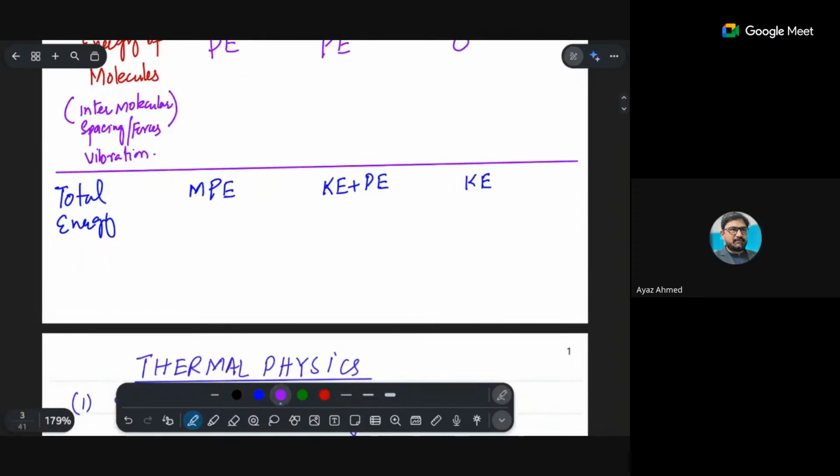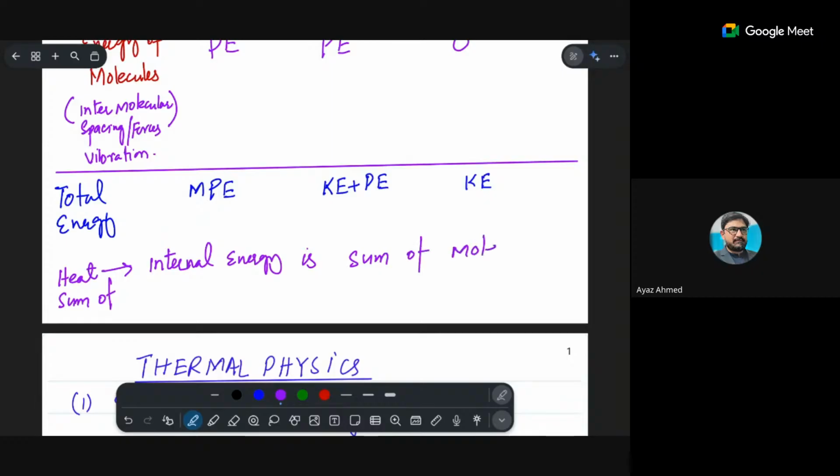Now, if I define heat, heat or internal energy is the sum of the molecules' kinetic energy and potential energy due to random distribution of motion.